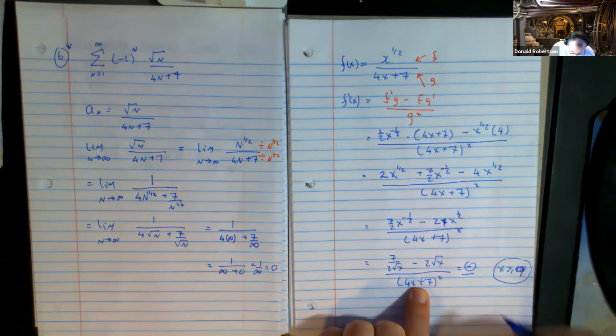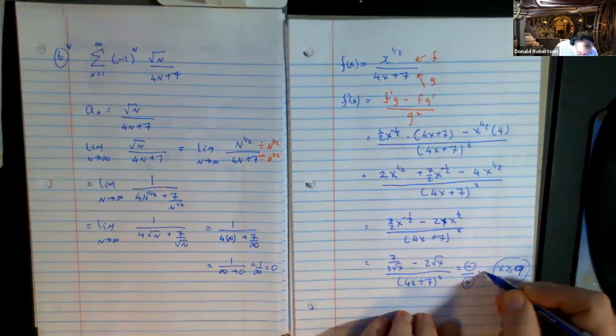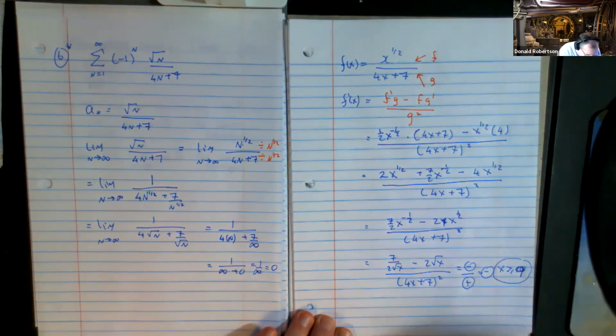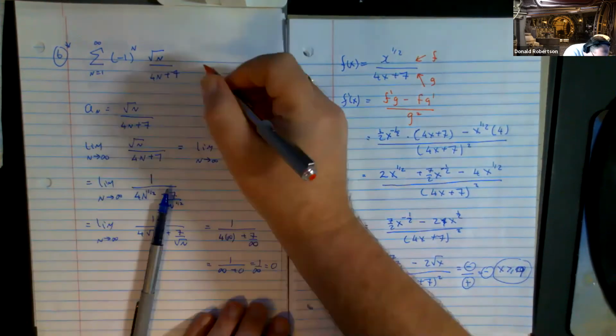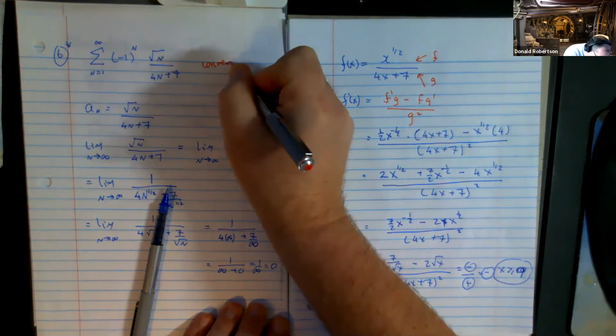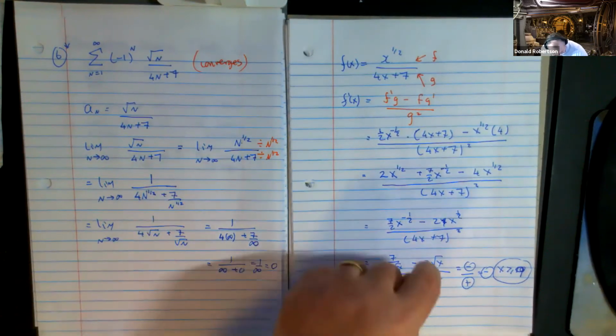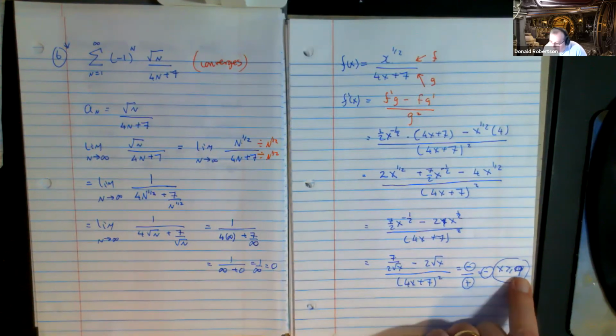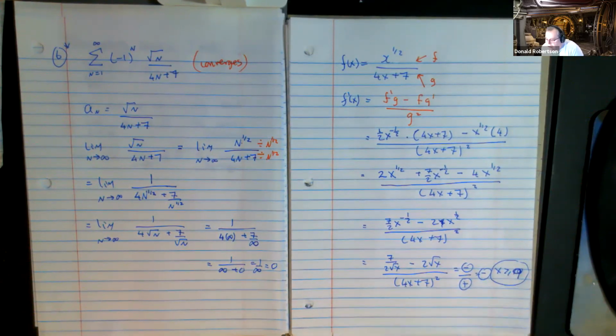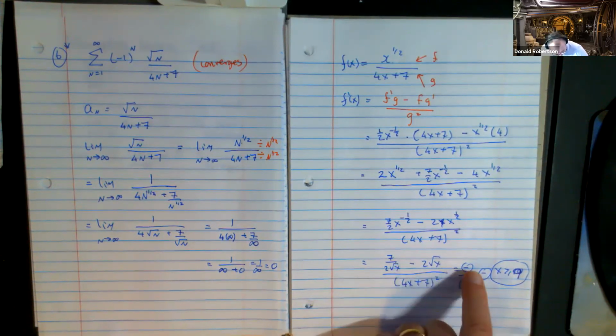Would you agree that something squared is always positive? There's the decreasing that we need. And that makes this converge. So my argument is that as long as x is bigger than, say, a number like 9 or 900, as long as it's a number you can find, this take away this will be negative.